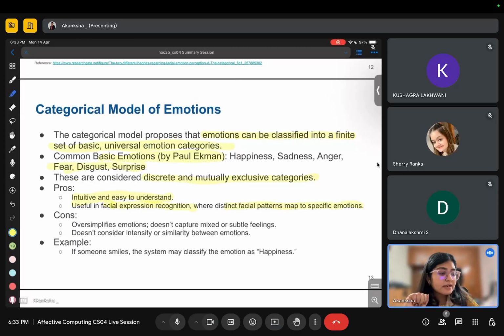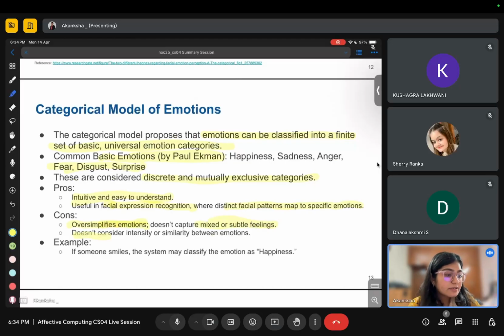But the cons are, it oversimplifies emotions. Let's say I'm just smiling, but that does not always mean I'm happy. I might be relaxed. If I'm not smiling, that does not mean I'm sad. I might be just concentrating on something. Since there are only six categories, but emotions are much more complex, it does not capture mixed or subtle feelings, right? It is just the proper six categories.